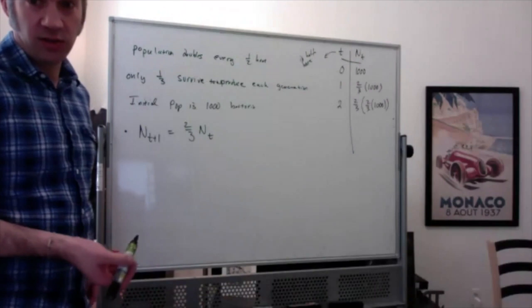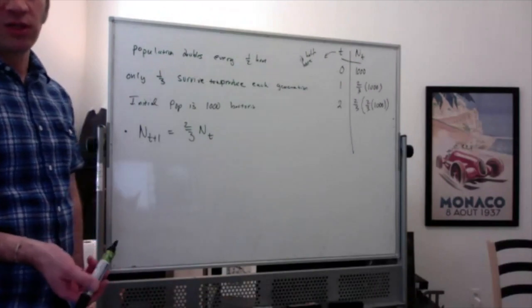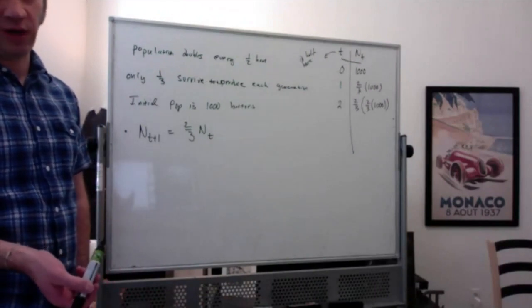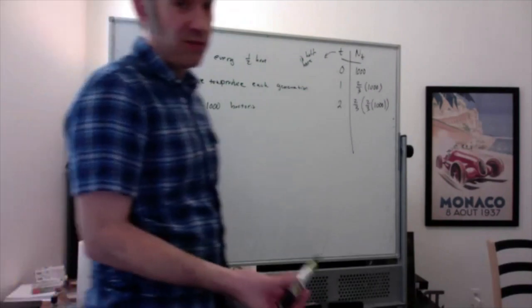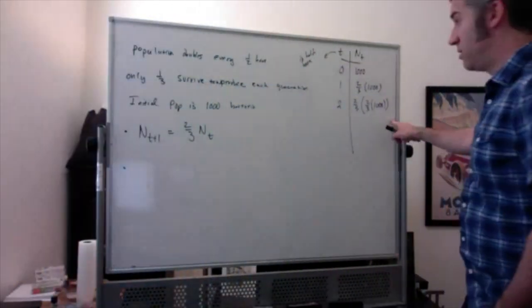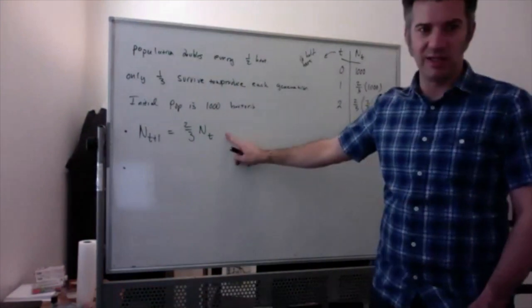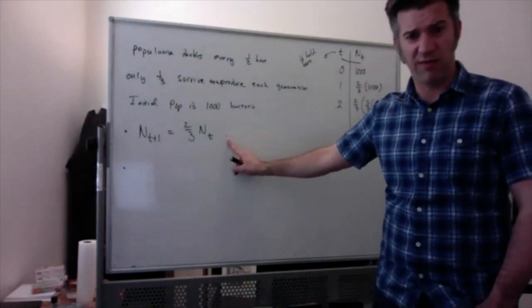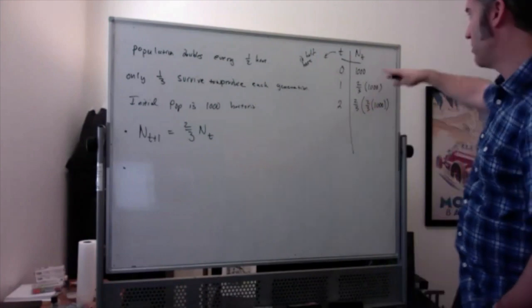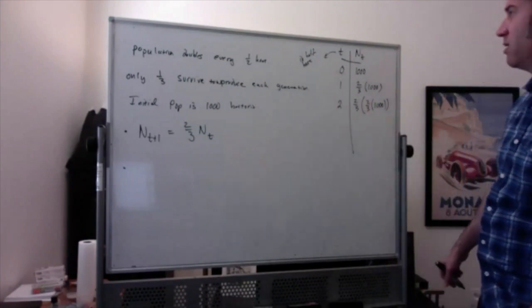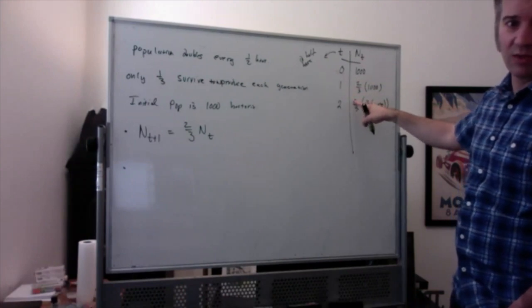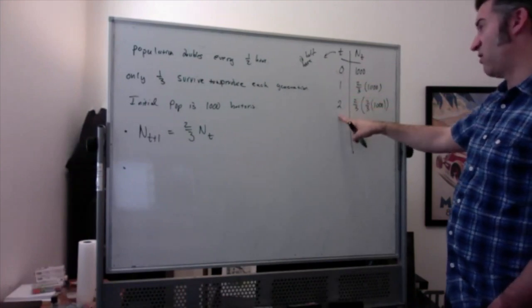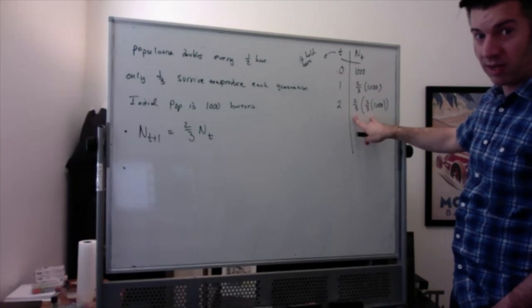Okay, the second question. Find a solution function to describe the population. This is where I'm writing out the values, because getting it from the recursion is usually not really straightforward, if even possible. At time equals 0, I've got 1,000. At time equals 1, I've got 2/3 times 1,000. At time equals 2, I've got 2/3 squared times 1,000.